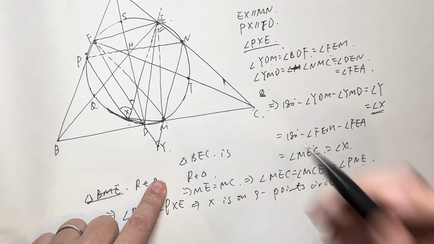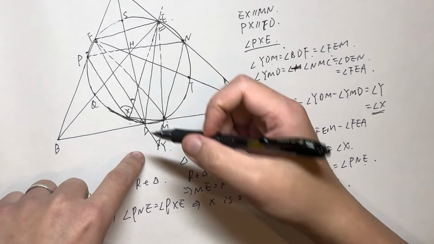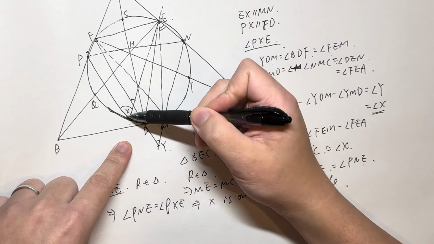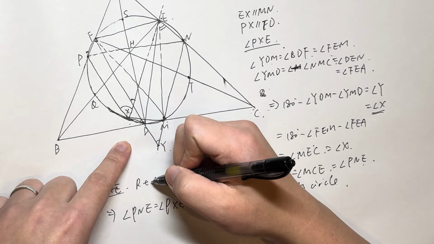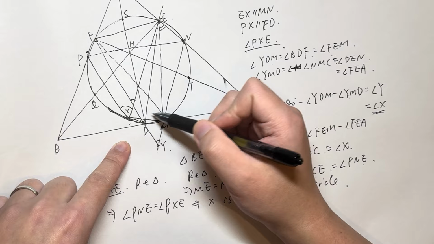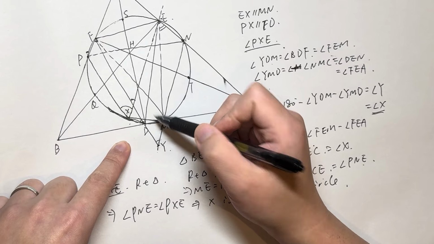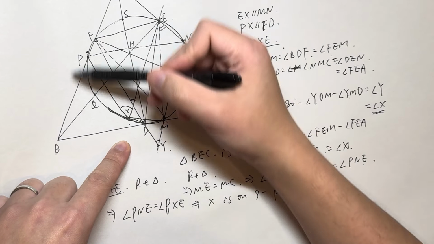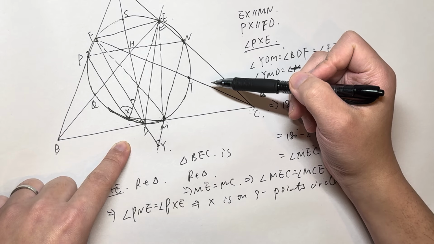So we find this triangle finally. Good. And the point is that the distance from the orthocenter of this triangle to the vertices equals the distance cut by the 9-point circle on the altitudes.